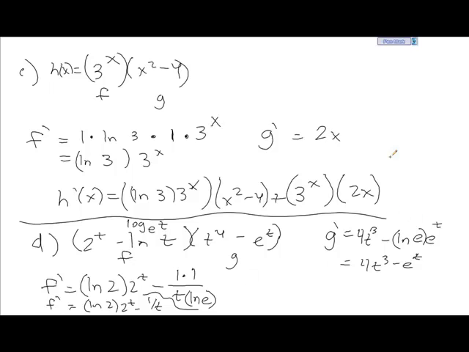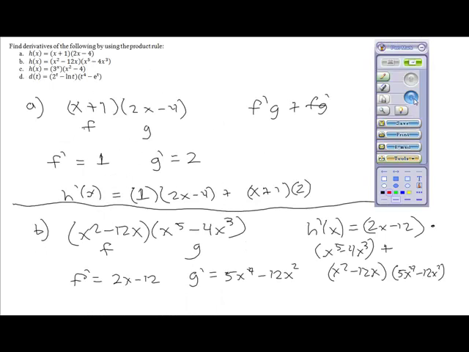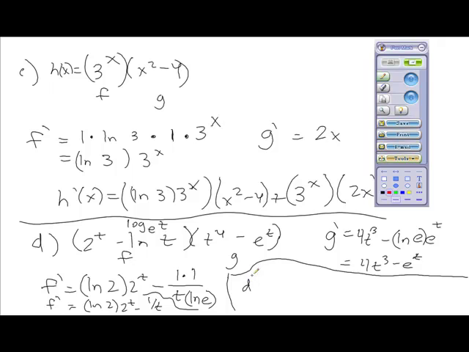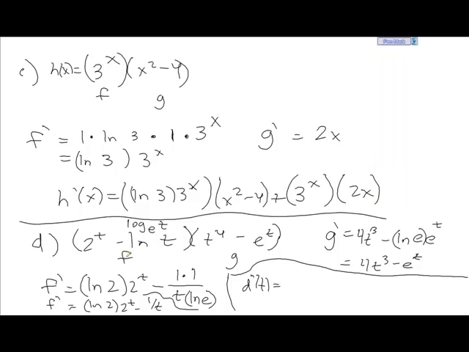And now we can put these pieces together, f prime g plus f g prime. So I'm going to try to fit it on this page so I don't have to keep jumping back. This function is called d of t, so d prime of t is equal to f prime g, which is ln 2 times 2 to the t minus 1 over t.